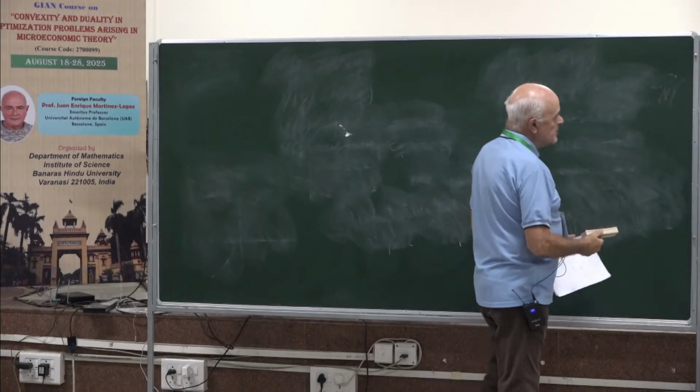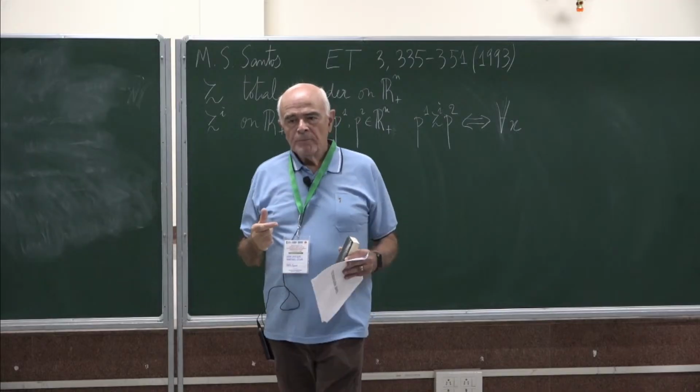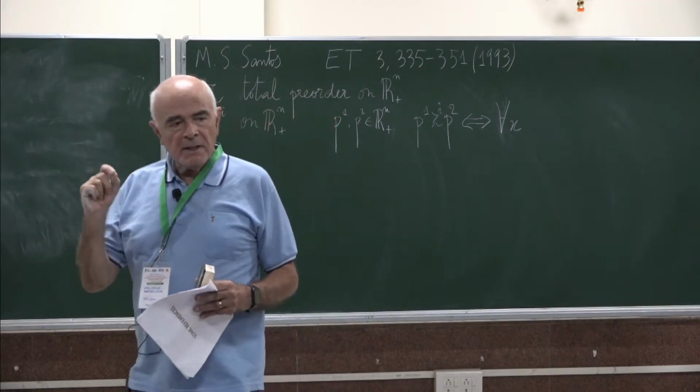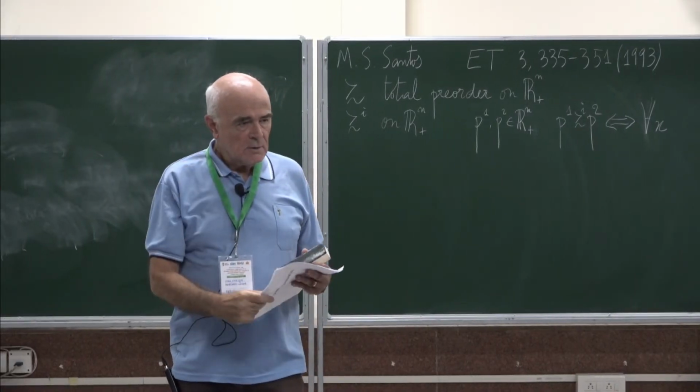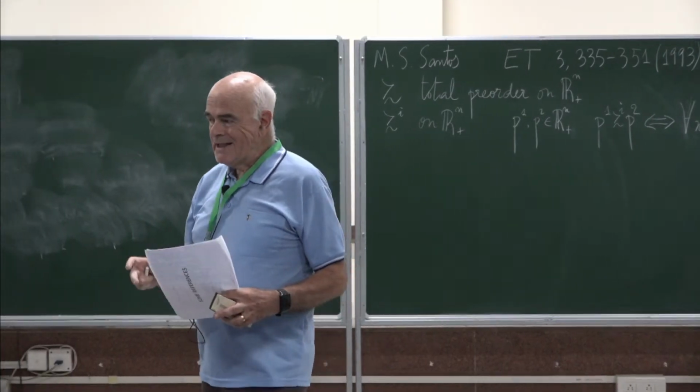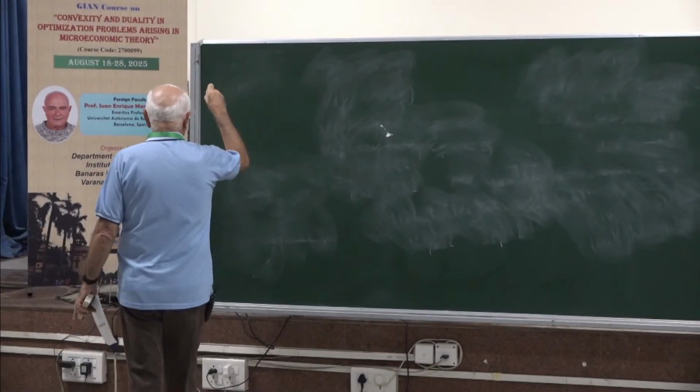I mean, the first definition I was giving was not correct because it was somehow implying that there is an optimal commodity bundle under P1, which is not necessarily the case in general.